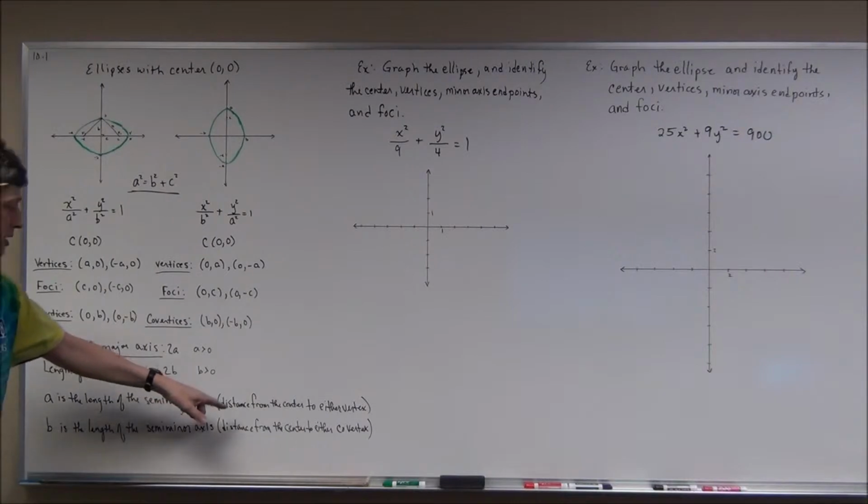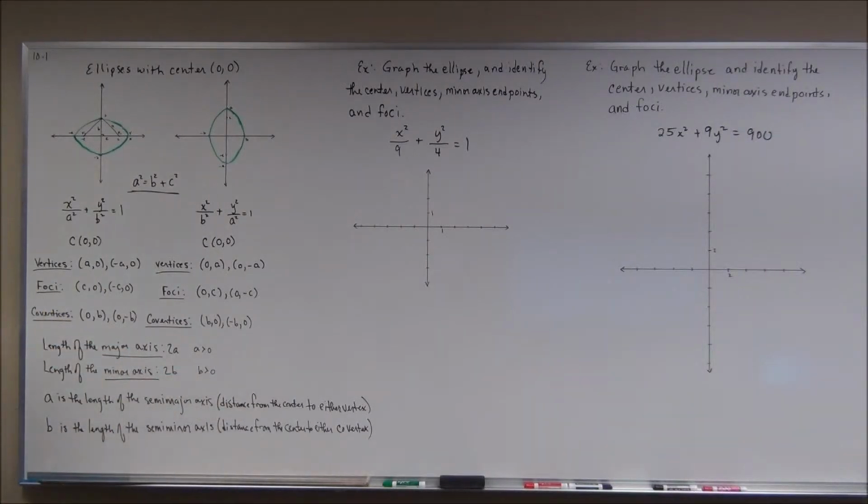The semi-major axis is the distance from the center to either one of the vertices. B is the length of the semi-minor axis, which is the distance from the center to either one of the co-vertices. You're not going to see all this vocabulary thrown at you, and I rarely see semi-major and semi-minor axis listed, but I believe that this textbook does like to use that terminology, so get used to that.